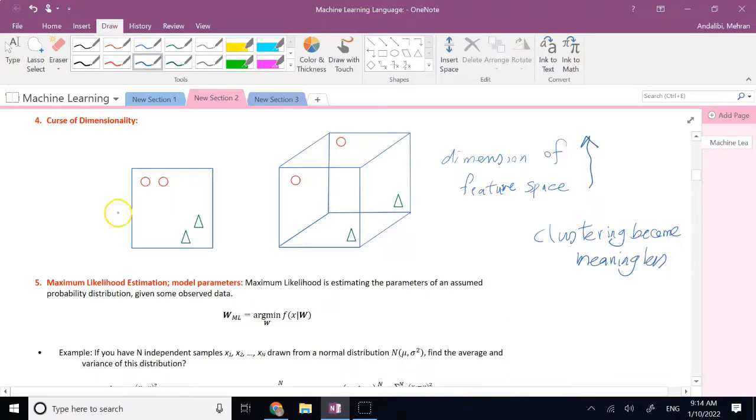Well, consider here the dimension of the feature space, or the number of features, is 2. I have one axis here and one axis here, right? I have 2 features. Let's say F1 and F2, or U and V, or whatever you might call it.